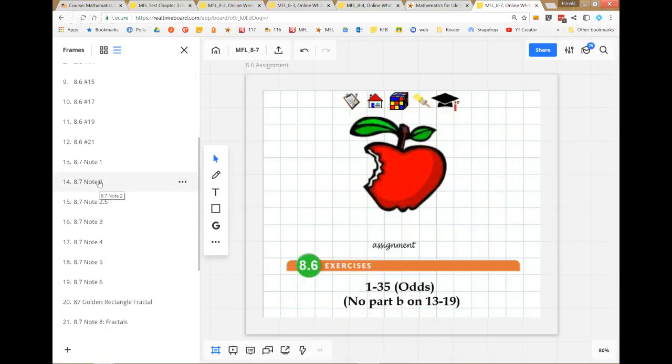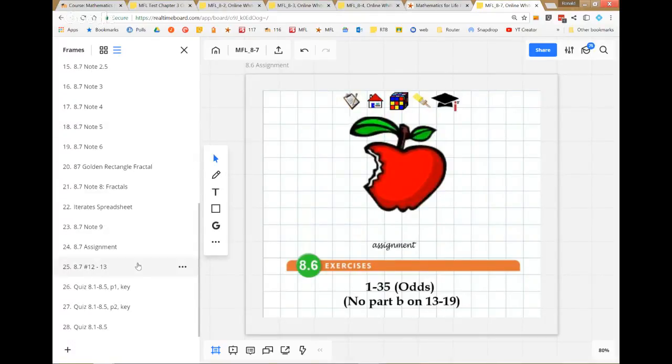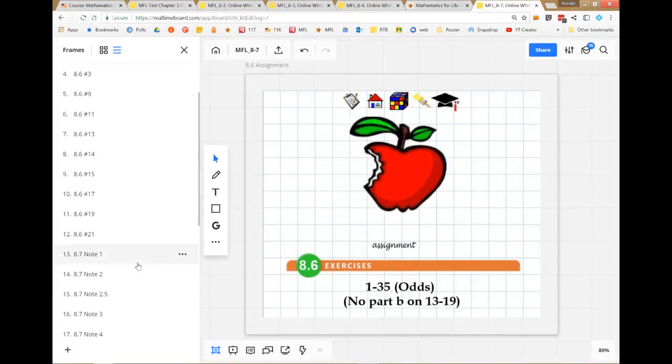The parallel postulate just says if you've got a line and you've got a point off of the line, there is only one line through that point that's parallel to the line. But you don't have to worry about that. I can see I did not make that clear when I wrote out the assignment. My apologies. Okay, so you want me to do 33 and 35 on that one too?